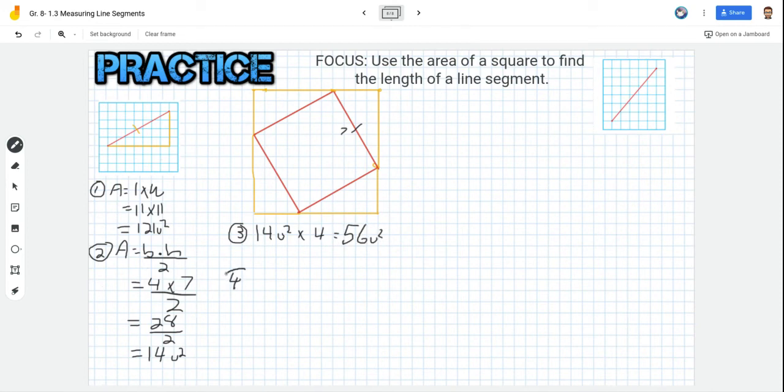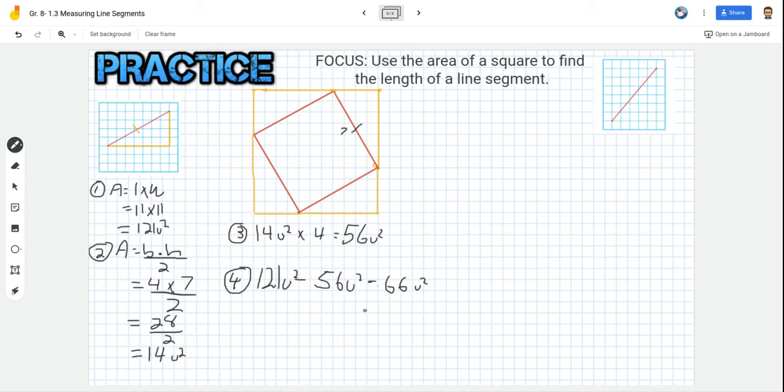Step number 4, I take the area of the big square, which is 121 units squared, subtract 56 units squared, which gives me 66 units squared.